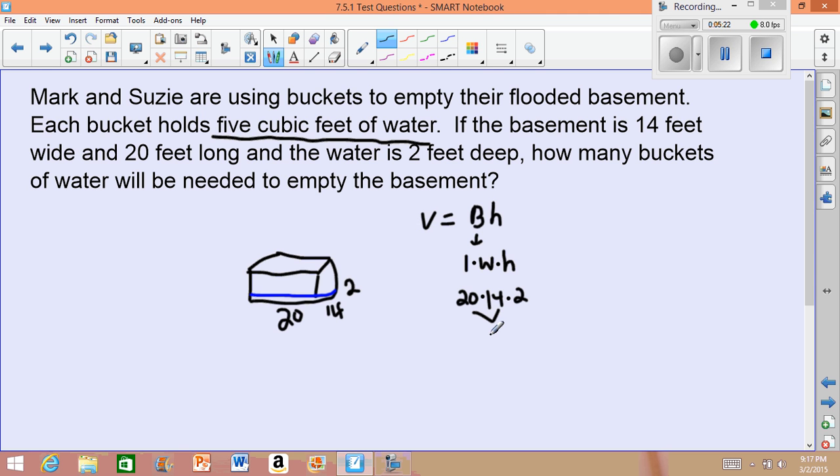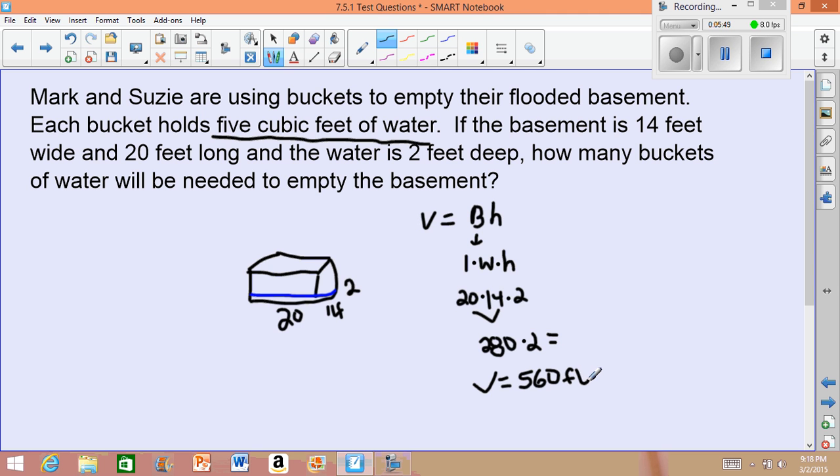If you do 2 times 14, that's 28. And I can add a 0 to that at the end for the 20, and I multiply that by 2. And you get 560. I saw several people with this answer. This is the volume of the amount of water in the basement, 560 cubic feet.